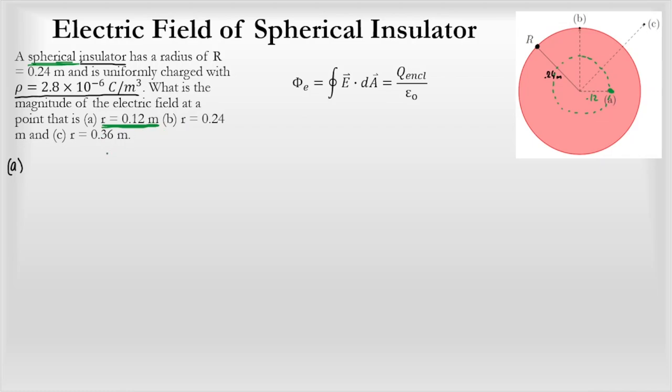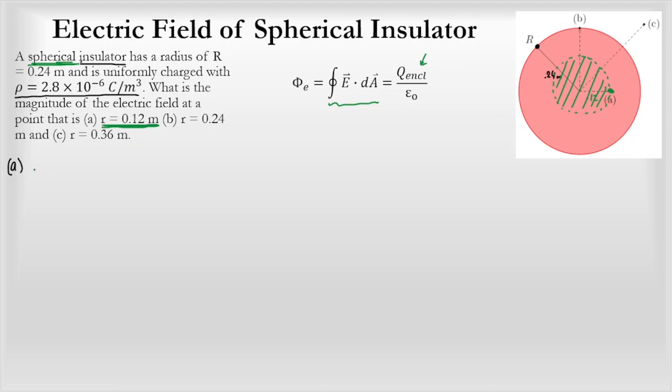We know the surface area of a sphere. We did that in the previous problem. We had spherical symmetry. So that takes care of sort of this side of the equation, the left side of the equation. We need to worry about Q enclosed. When we look at the charge enclosed by the Gaussian surface inside the radius of the sphere, we're going to have that much charge enclosed.